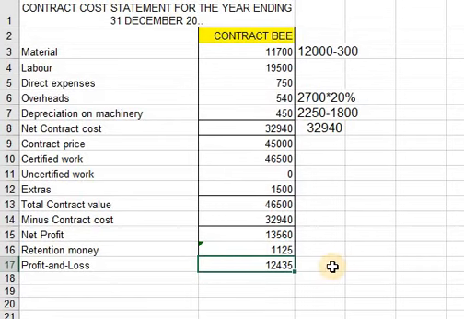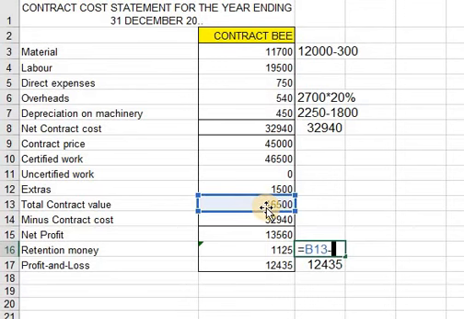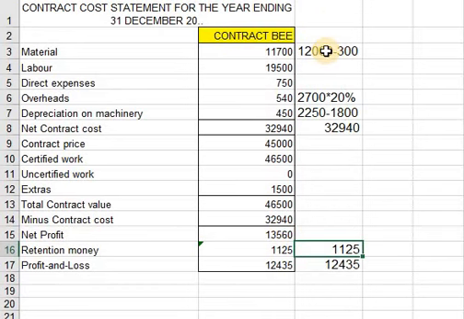For instance, here it will be B15 minus B16. And from here it will be equals B13, which is your cost, minus your 45,375 to get your 1,125. So it is very easy. It is just a matter of using formulas to add up stuff and subtract stuff.